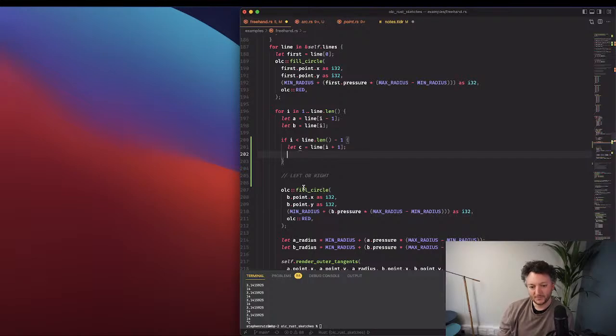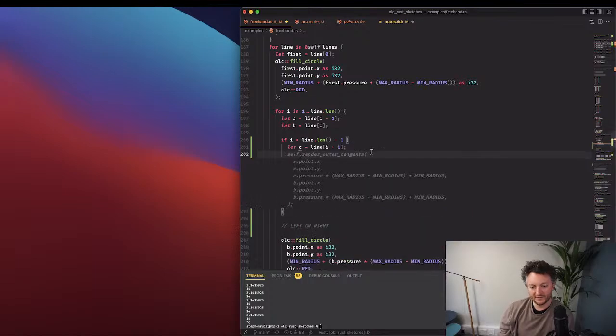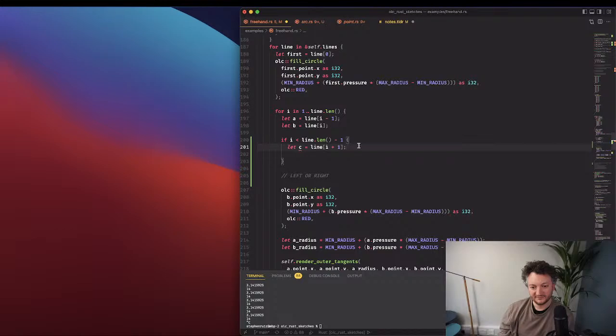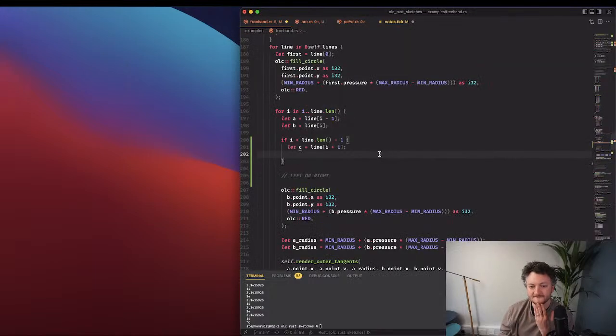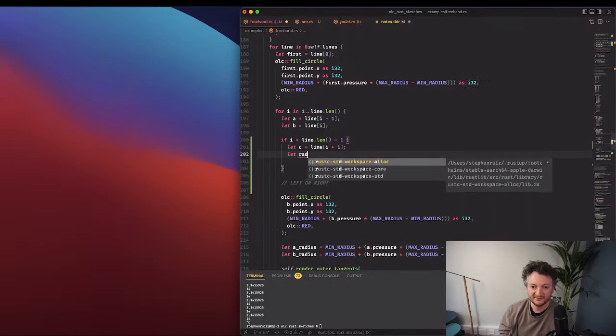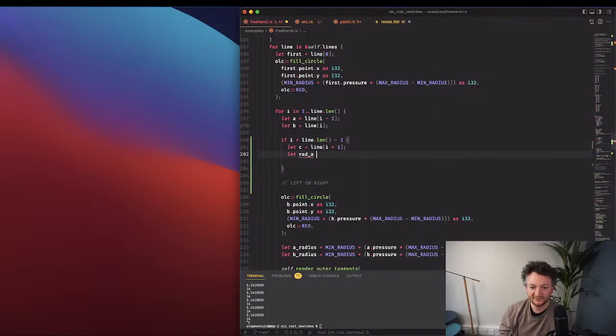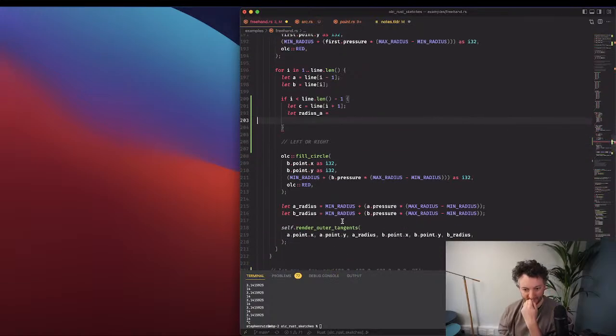And then we need to find the outer tangents, this and this. So we need to find the outer tangents of A to B and B to C. Okay, so radius of A. Okay, hold on.